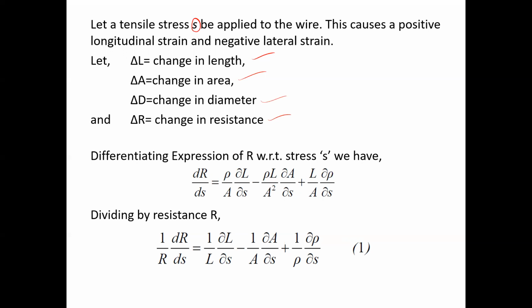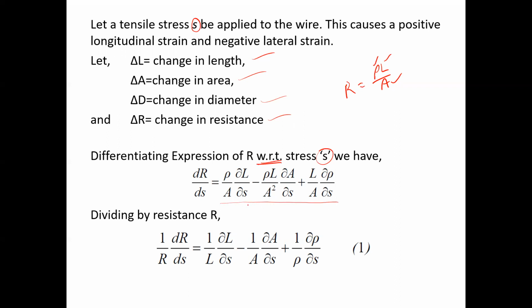In order to do that, first of all, the simple expression R equals rho L by A, which was also written in the previous slide, we are going to differentiate with respect to the applied stress S. Now remember that all three variables rho, L, and A are functions of the stress S. So we have to take the partial derivative of all these three variables with respect to S on our right hand side. That is being done over here.